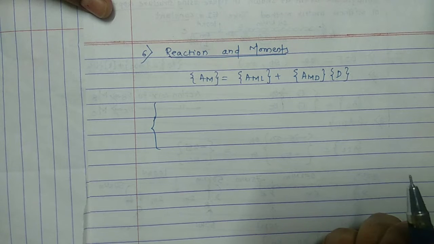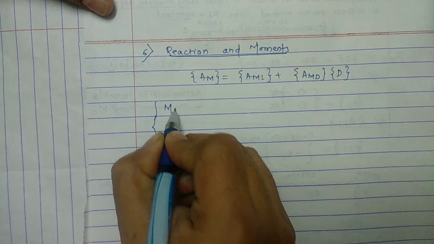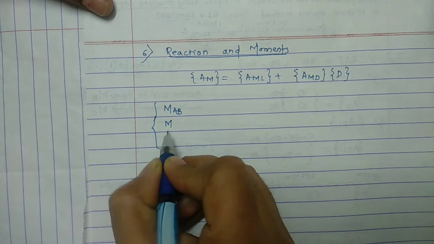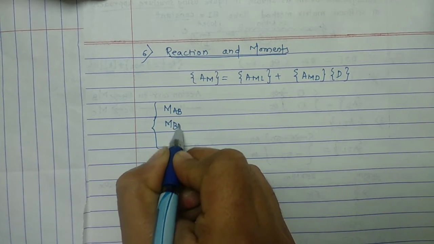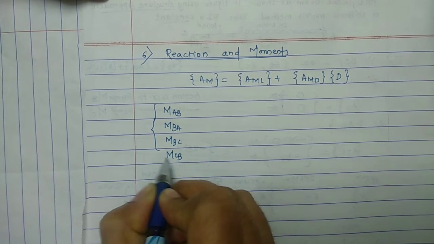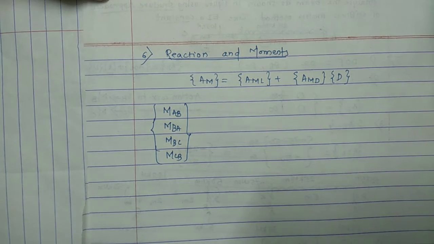Our member is member ABC. So here write down the unknown moments: final moments MAB, MBA, MBC, and MCD. Total 4 moments will be unknown.